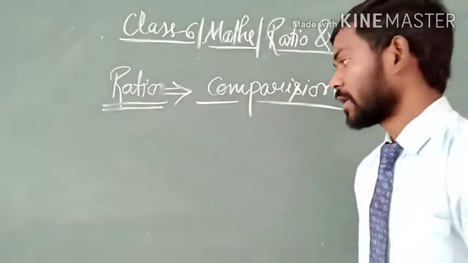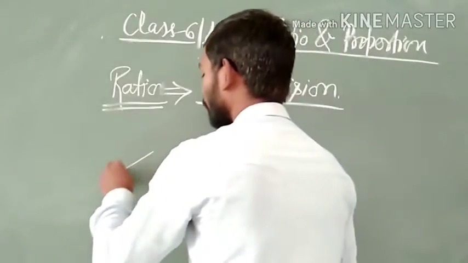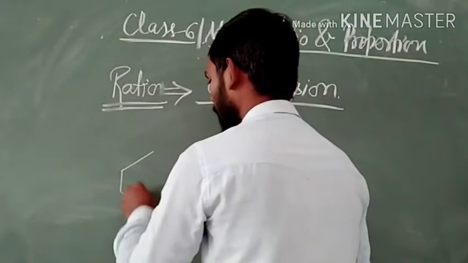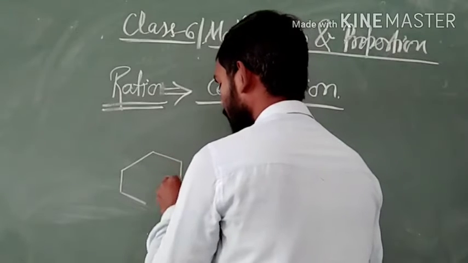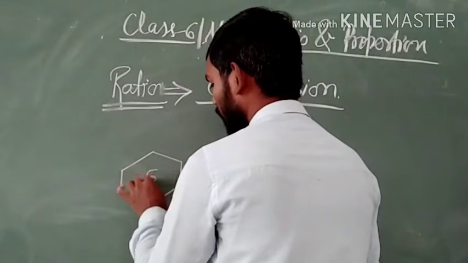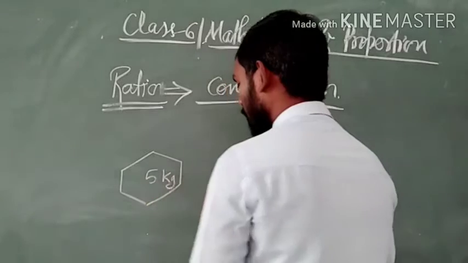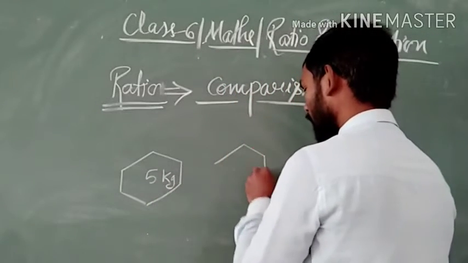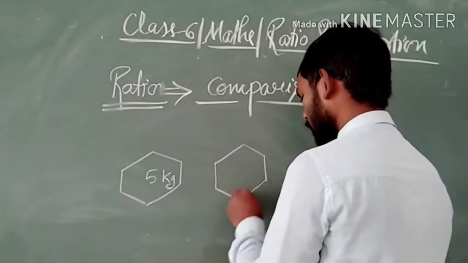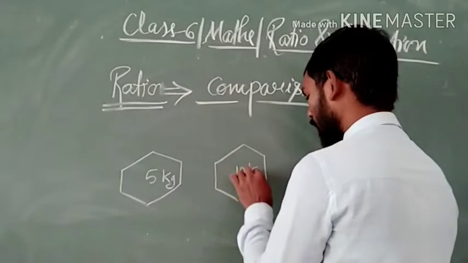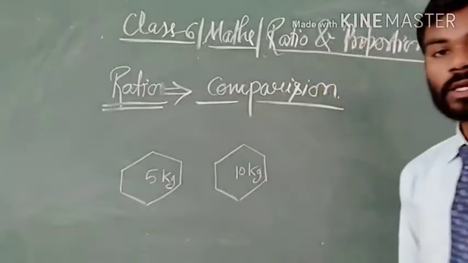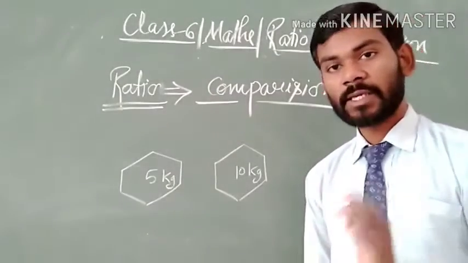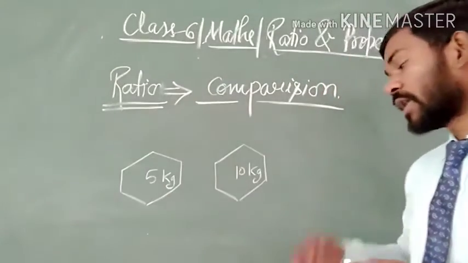Just suppose that I have two weights, 5 kg and 10 kg. First is of 5 kg and second is of 10 kg.